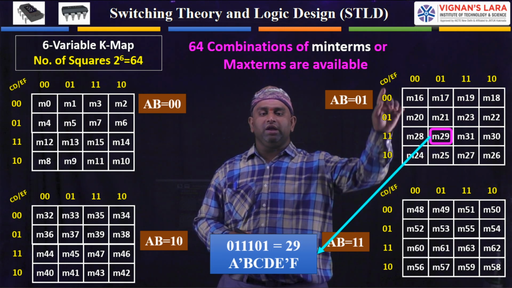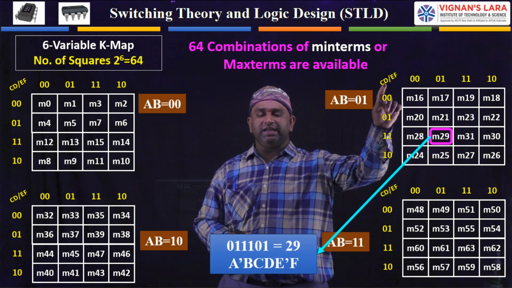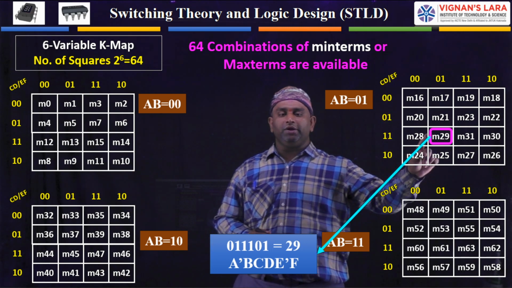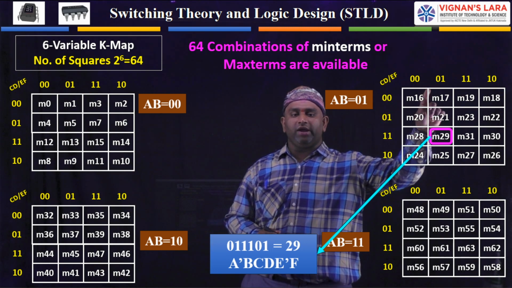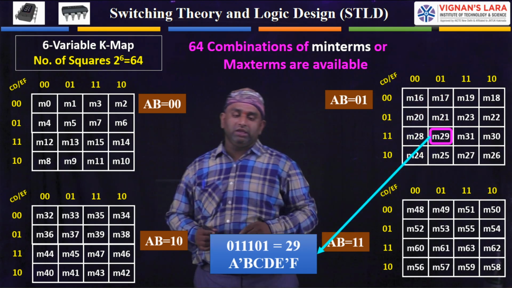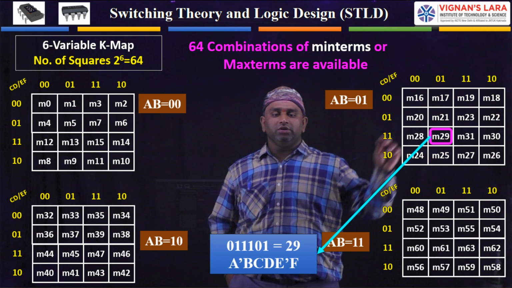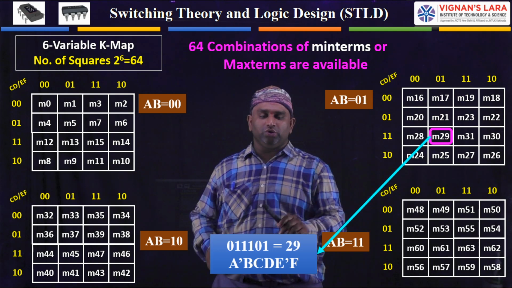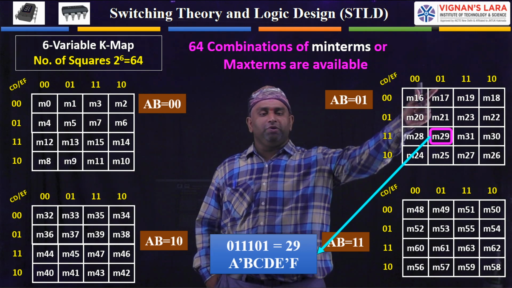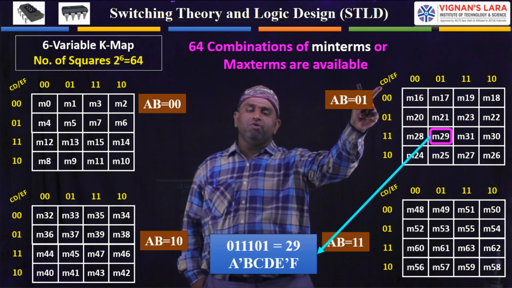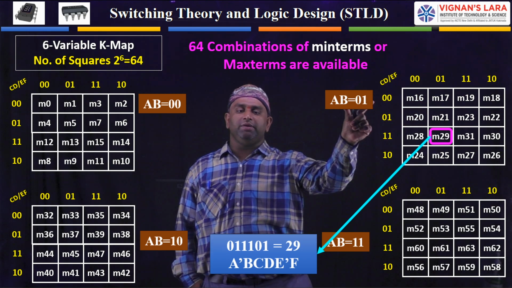Here I have written the variables C, D, E, F. The CD values are 1, 1, and the EF values are 0, 1. So that is 1, 1, 0, 1. The MSB values for the box, AB, are 0, 1.